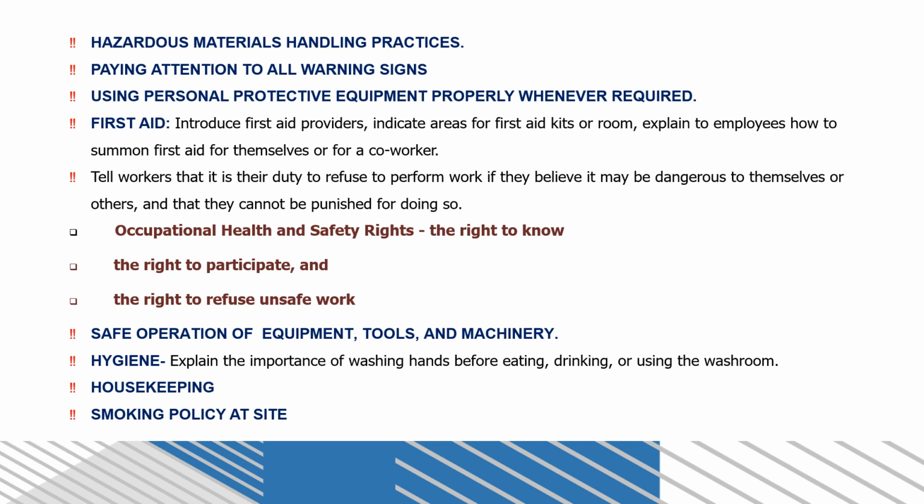So if he finds that this work might be dangerous for him, he can refuse. He can explain to his supervisor that it seems dangerous to me, and so I'm not comfortable and well experienced to perform this, so I cannot execute this operation.